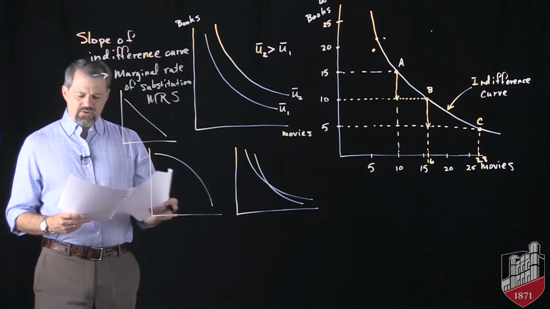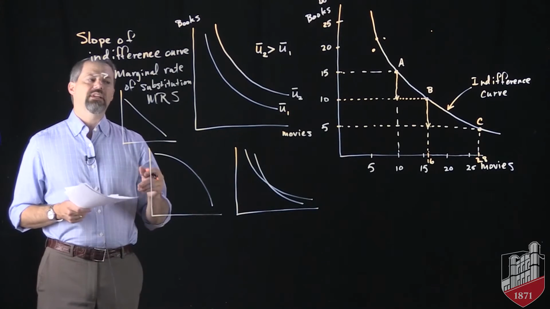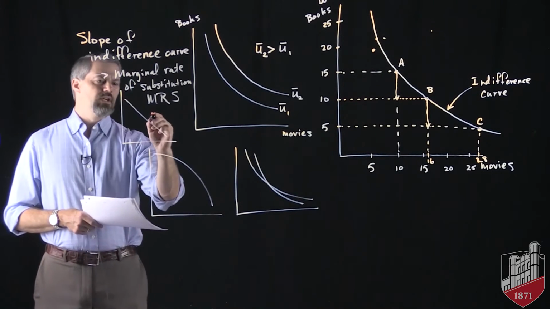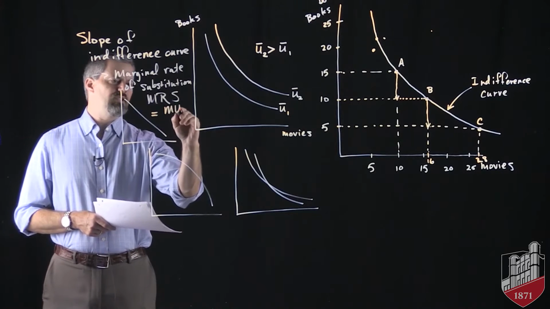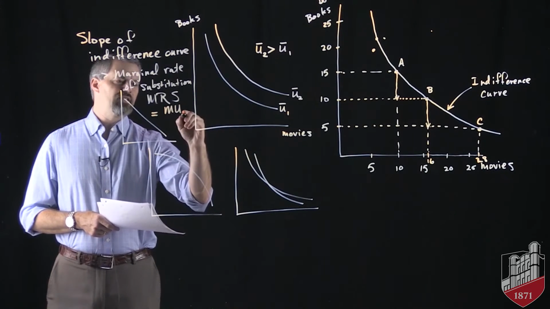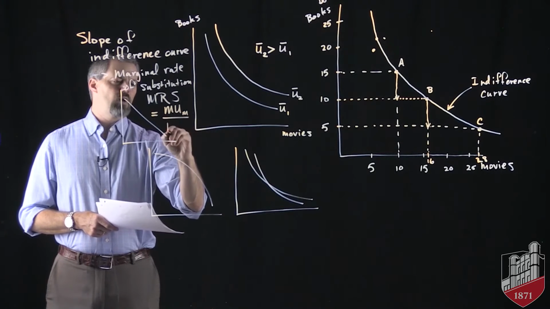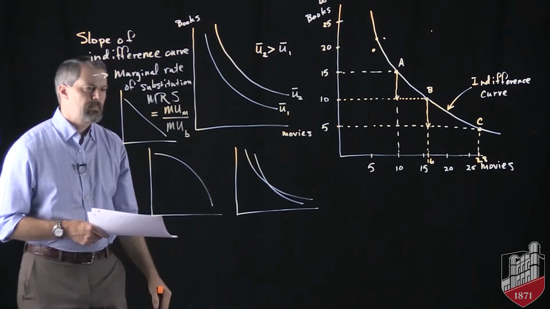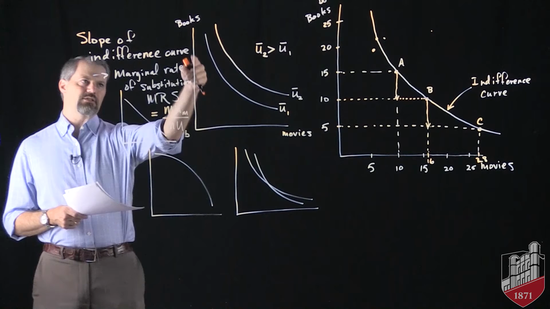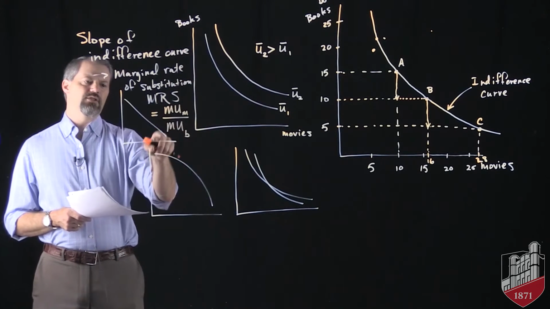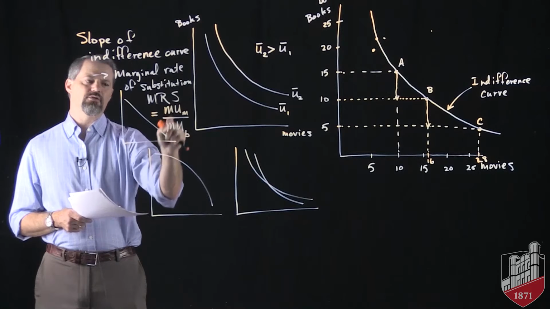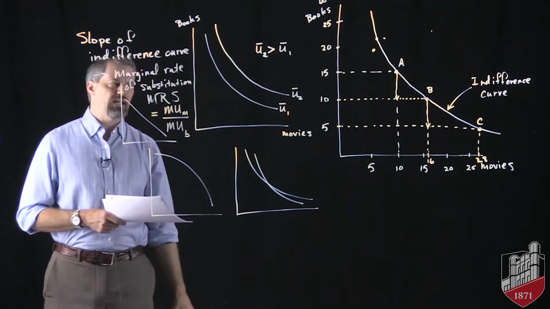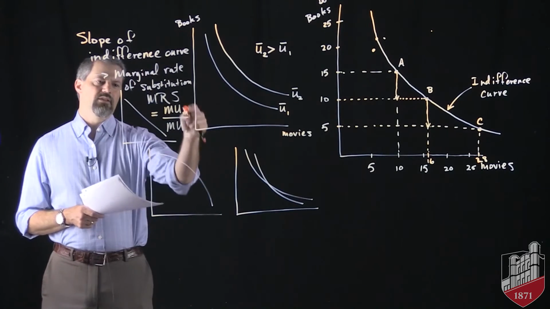The marginal rate of substitution is simply going to be the ratio of the marginal utilities. So the marginal rate of substitution is going to be equal to the marginal utility of the good on the horizontal axis, in this case movies, divided by the marginal utility of the good on the vertical axis, in this case books. So the slope of the indifference curve, the marginal rate of substitution, is going to be equal to the ratio of the marginal utilities, and we always are going to have the marginal utility of the good on the horizontal axis in the numerator.